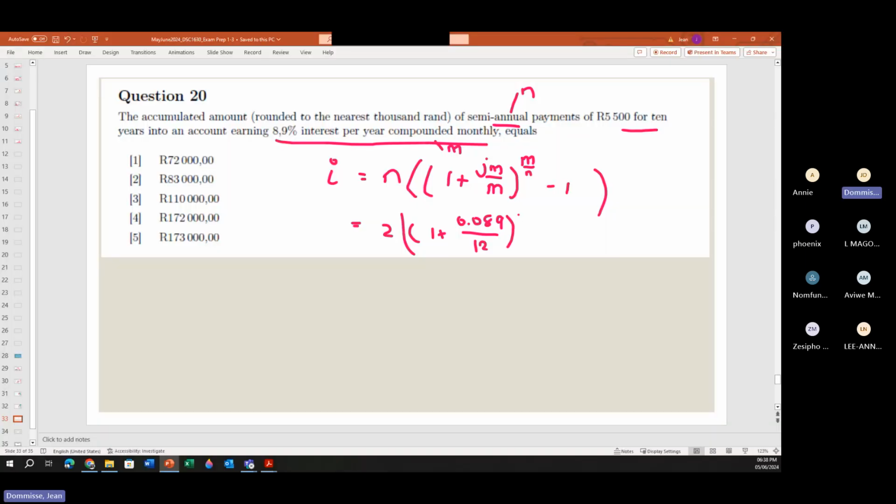And that we will take to the power of, in this instance, 12 divided by 2. So let's just write that.